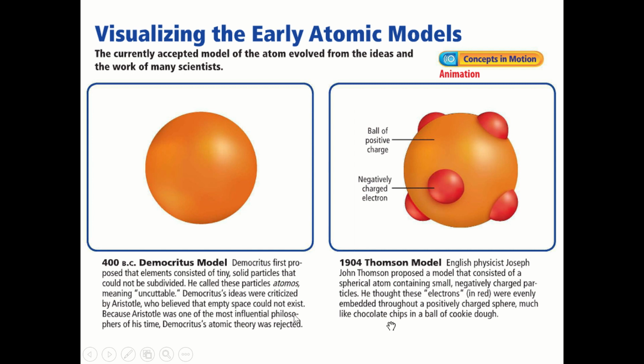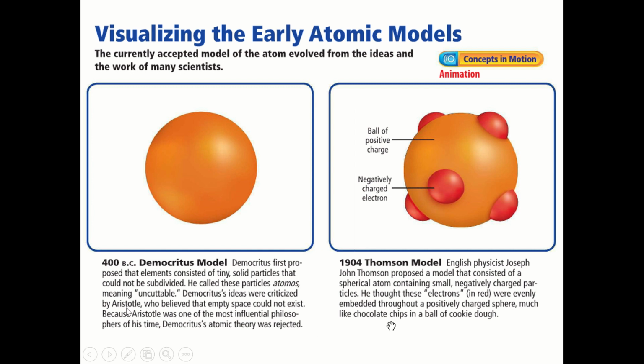Okay, so as you can see here, Democritus first proposed that elements consisted of tiny solid particles that could not be subdivided, and he called those particles atomos, meaning uncuttable. So he thought that those atoms are very small, they are solid, nothing inside, nothing outside, and so on.